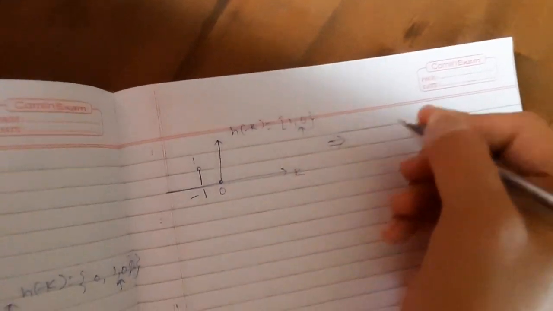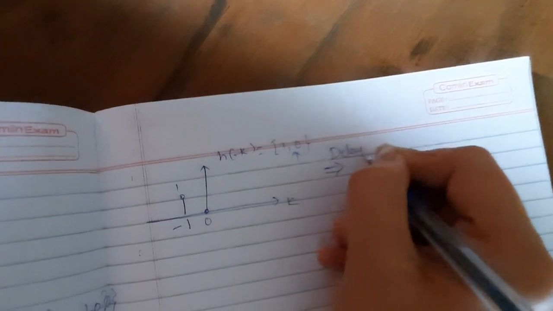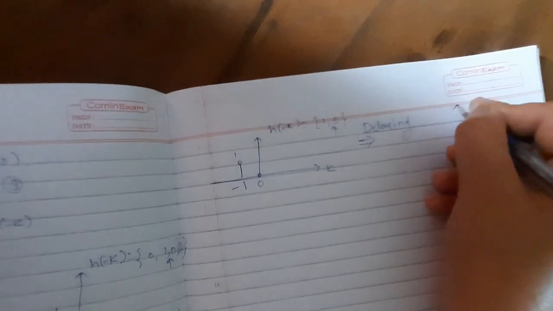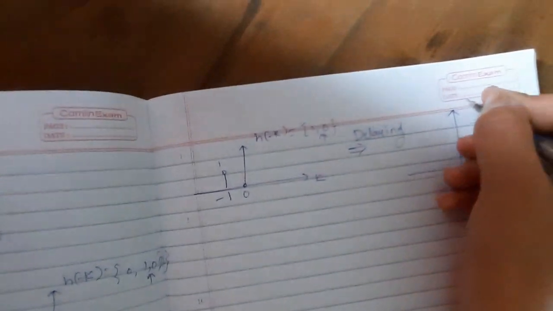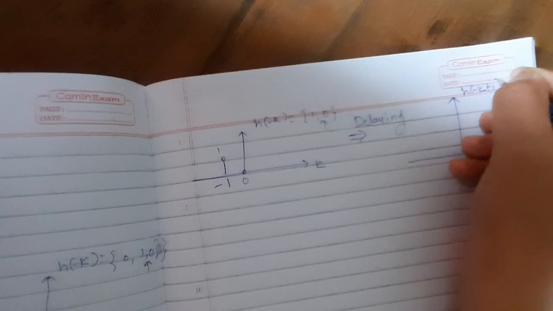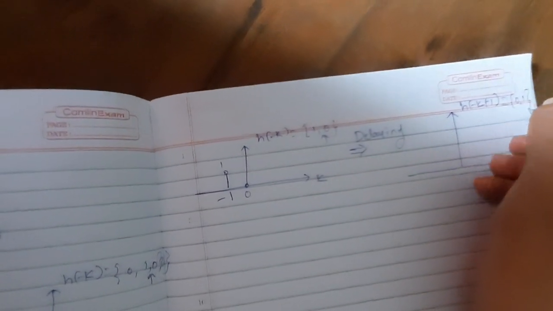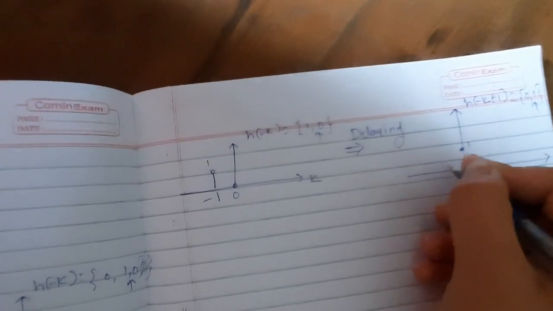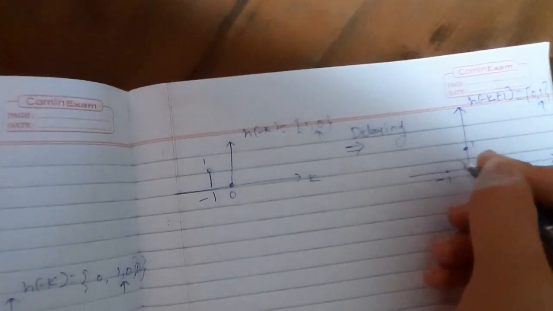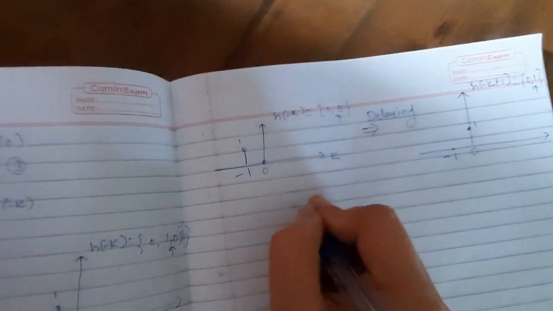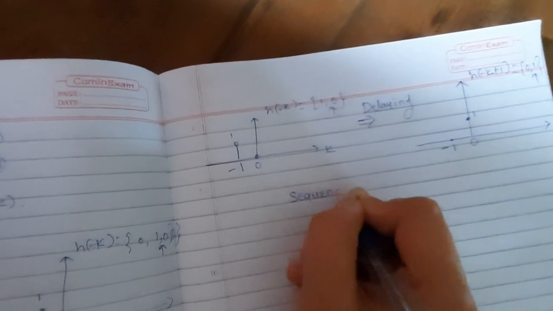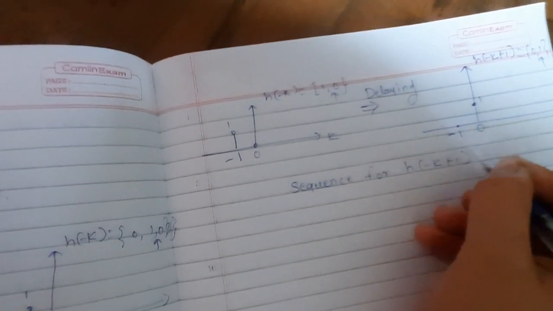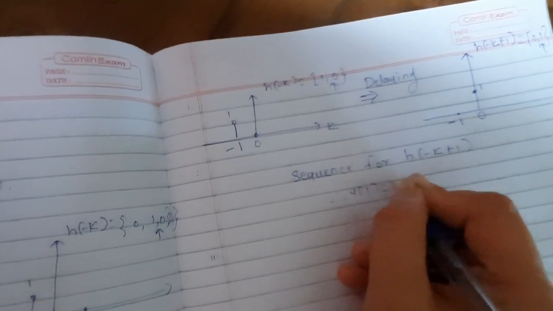Now we have to show the delaying, so h of minus k plus 1 is 1 here and this one is 0. So this is the sequence for h of minus k plus 1. So y of 1 is equal to 1.